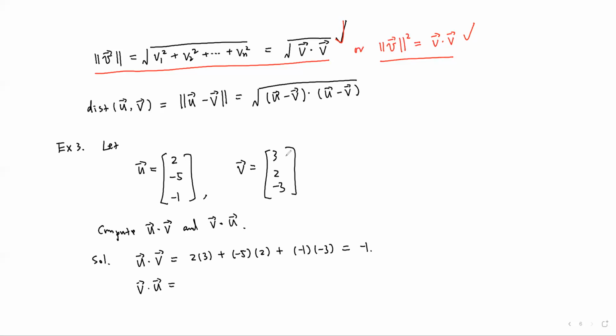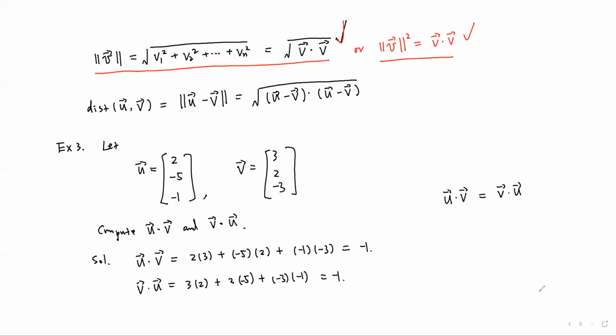It is first entry times first entry plus second entry times second entry, 2 times -5, then plus third entry times third entry, again, -1. So we conclude that u dot v is equal to v dot u. We can switch u and v and it doesn't change the inner product.